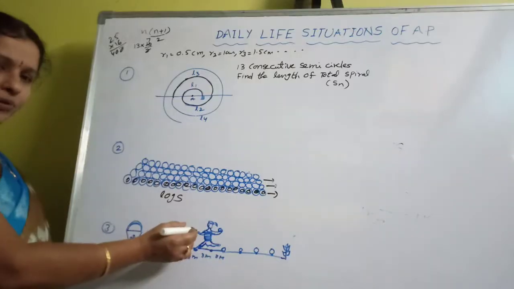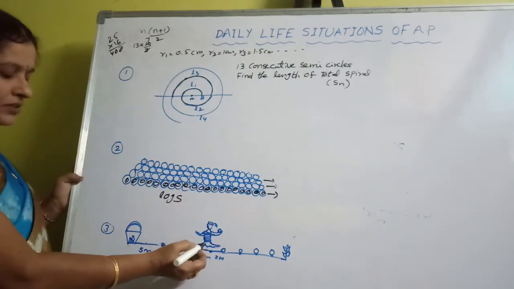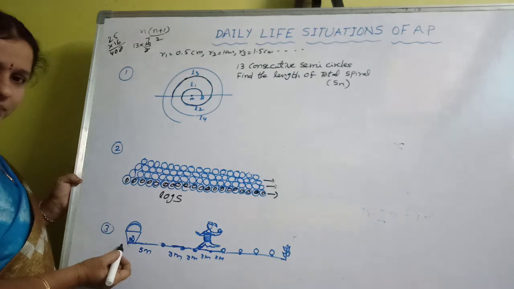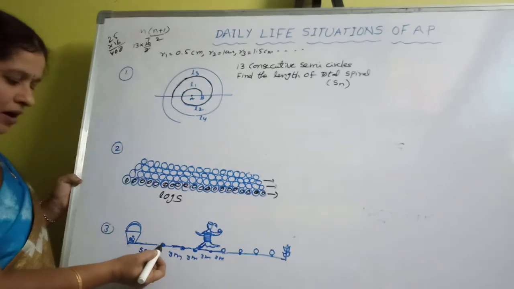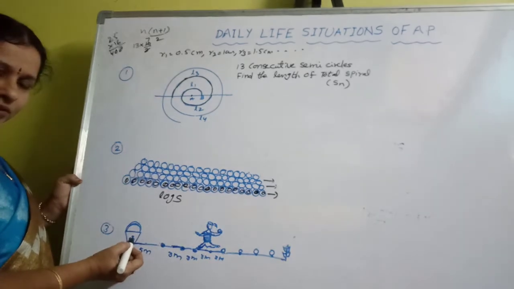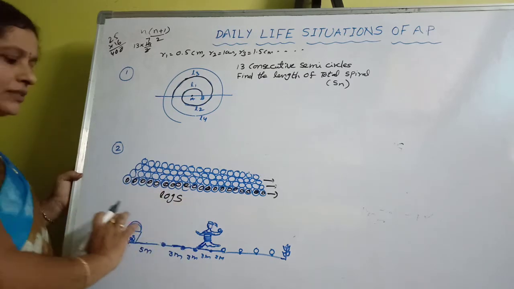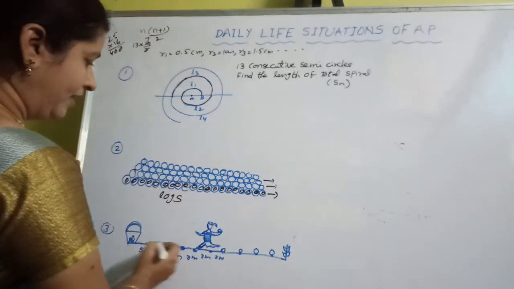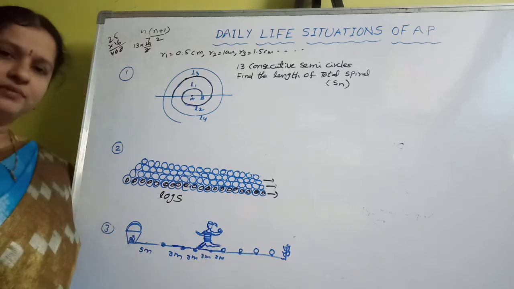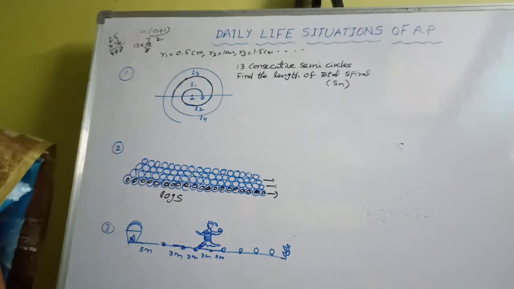Here, what is the rule? The competitor walks to the ball, picks it up and throws it into the bucket. Again the process continues until he completes all the balls.